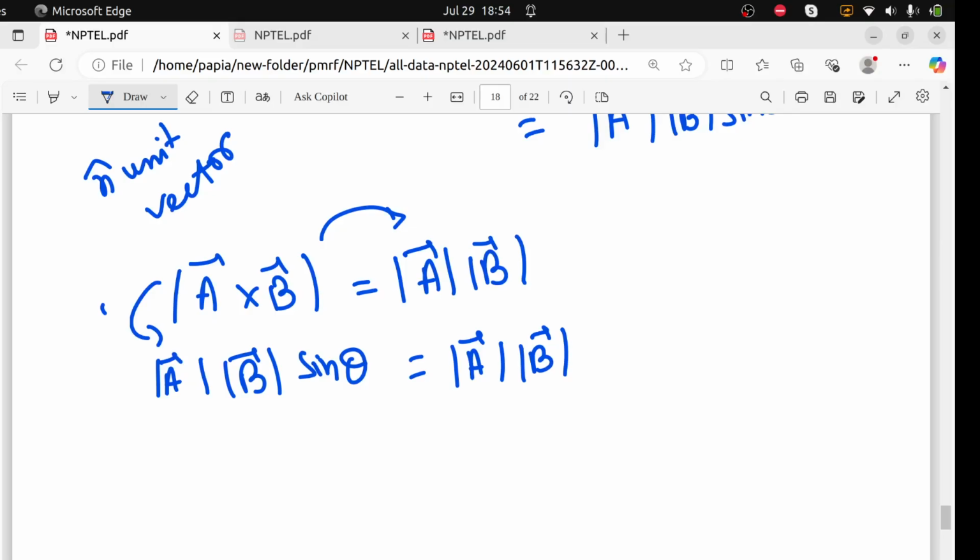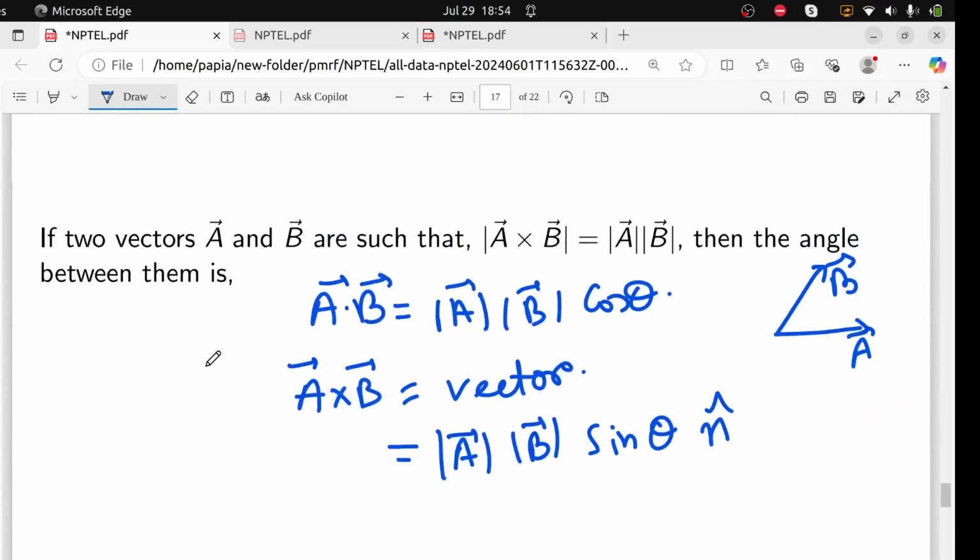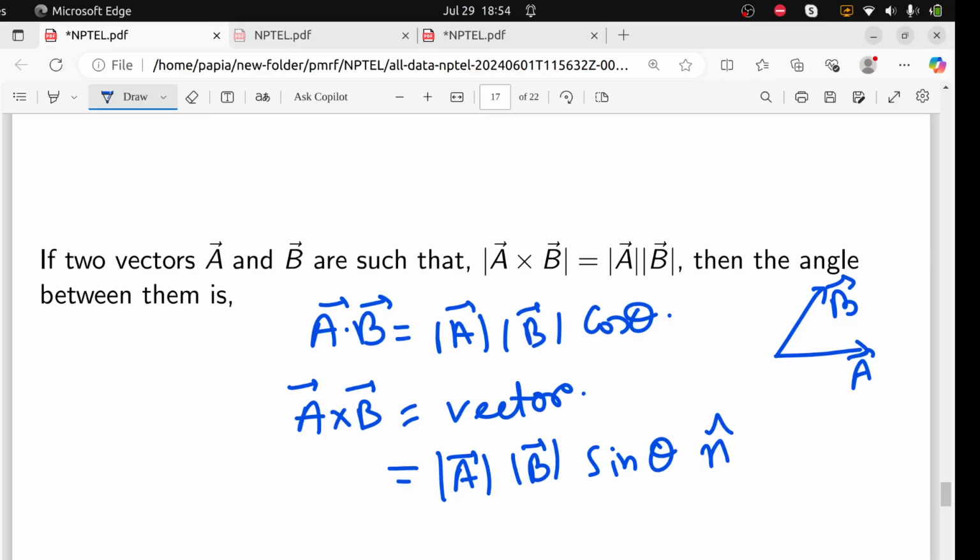So if I compare the left hand side and right hand side of this equation, then we can conclude that sin theta equals 1. Now what is theta? Theta is pi by 2. Principal value, if I talk, then it is 90 degree. So the question was, if two vectors are such that, then the angle between them is 90 degree.